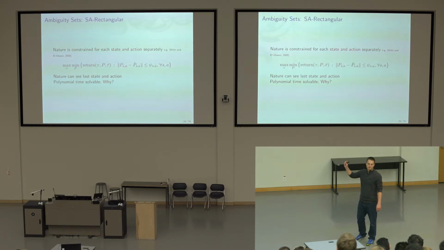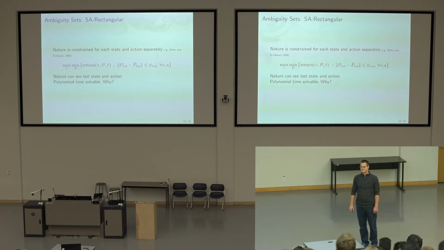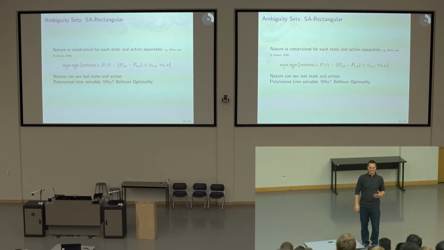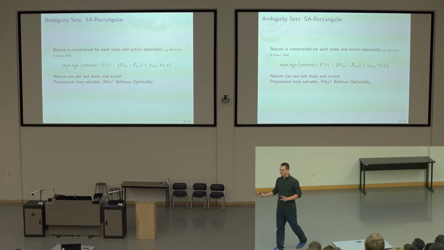Now, can anybody guess why this problem is easy to solve? Any guess is a good guess. It's the same reason. Bellman optimality. Not all my questions are trick questions.